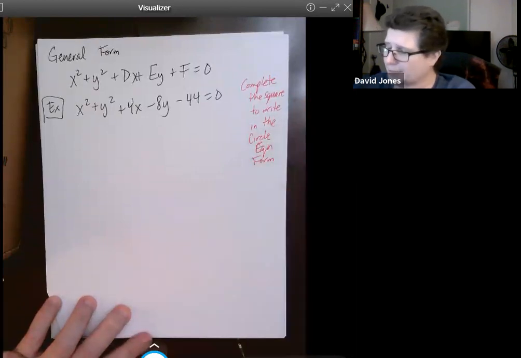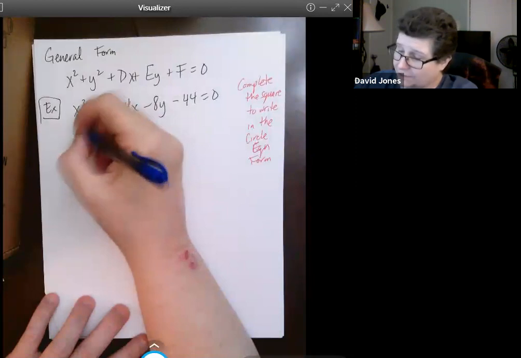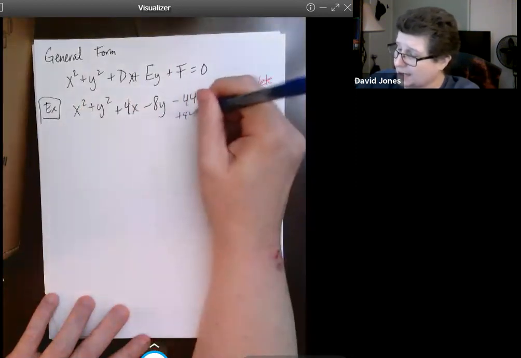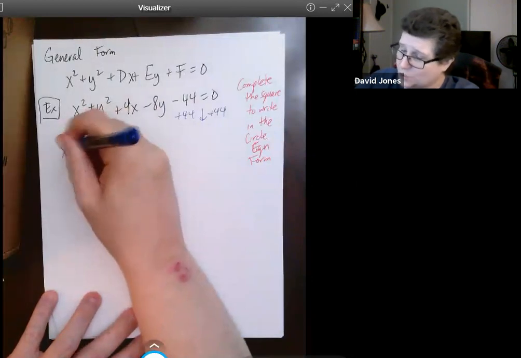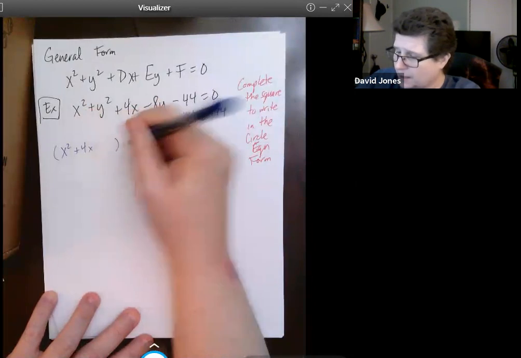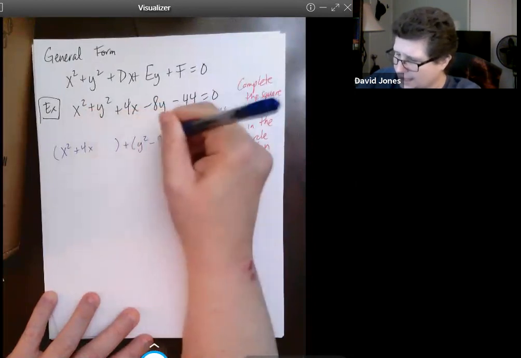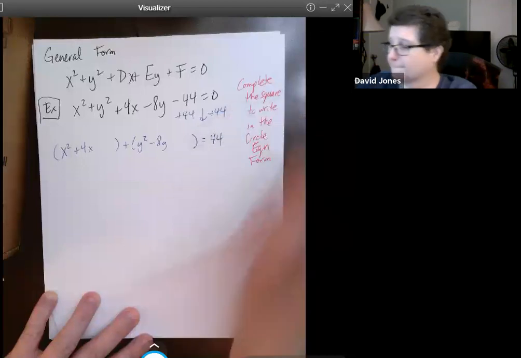What I'm going to do is add 44 to the other side, and group my x's and y's together. So if I add 44 to both sides and rearrange, I've got x squared plus 4x plus y squared minus 8y equals 44.